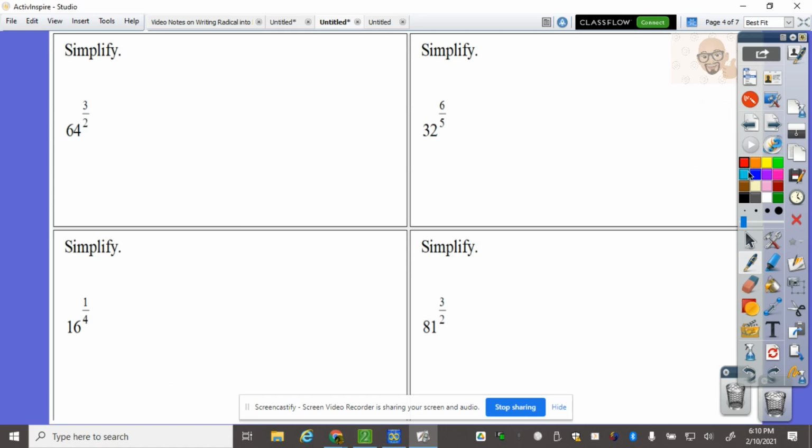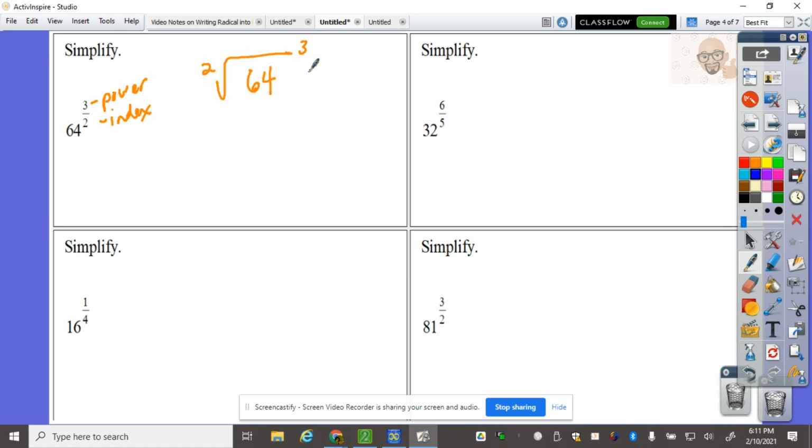But this time, if it's exponential form. If you are in exponential form, you just have to convert it back to radical form. So remember the 3 there, the exponent of the 64, which is the base, this is the power, and this is the index. Okay? So technically, the problem there is the square root of 64, because that's the index, and to the third power.